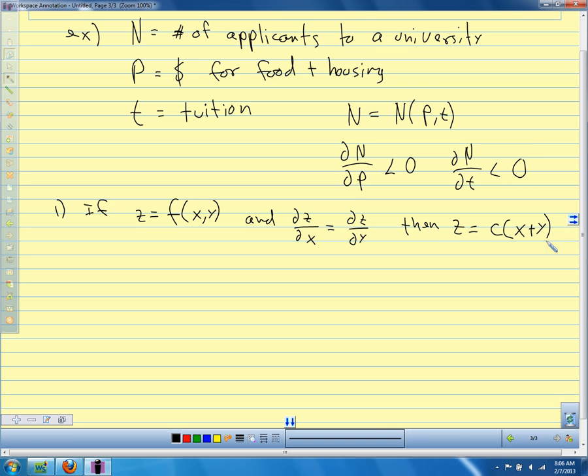True or false? If you think it's true or false, you need to provide an explanation. Who says false? So do you have a counterexample?